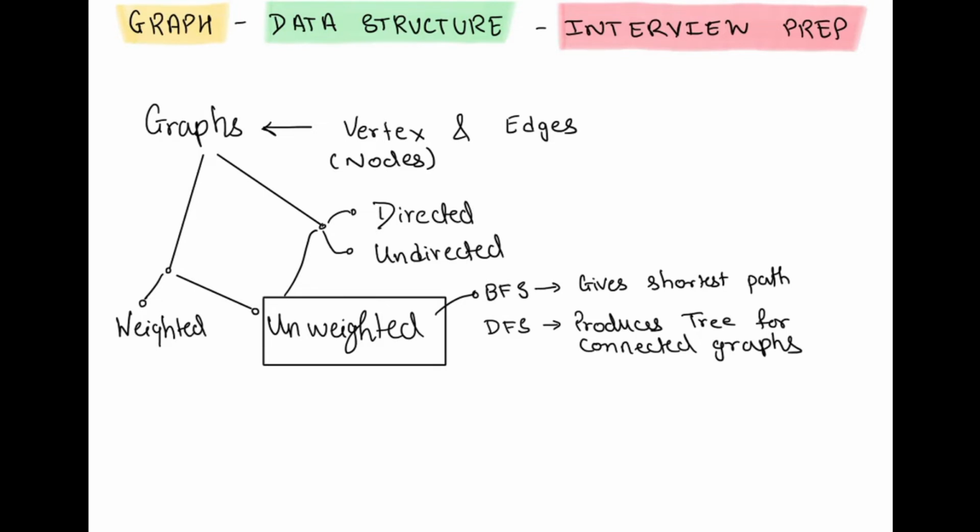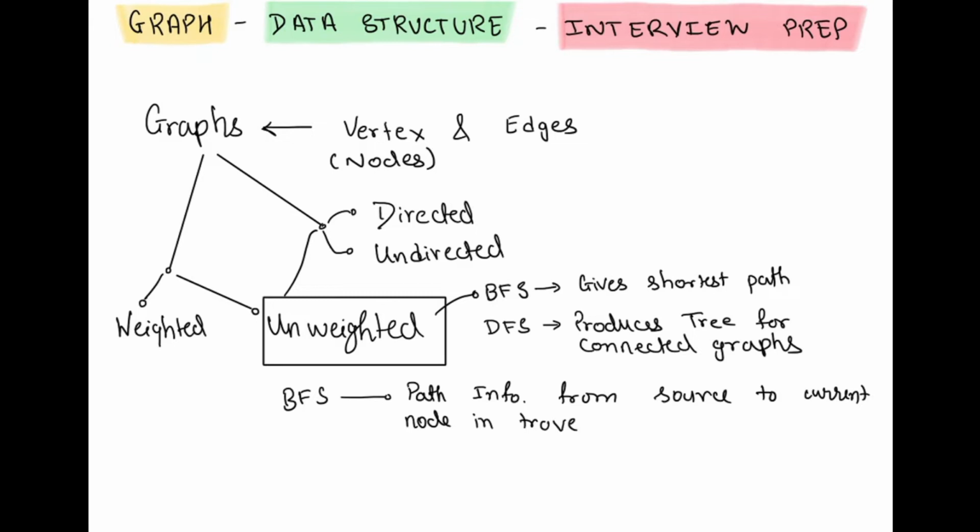How to choose which traversal technique to use to solve a problem? Well, if you use breadth first search, the path information from the source, that is the starting point, to the current node that we are traversing is lost.